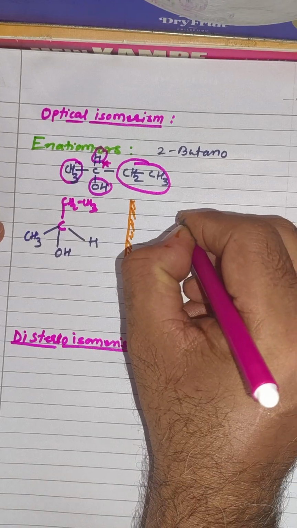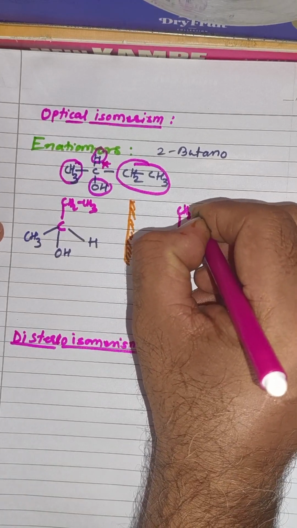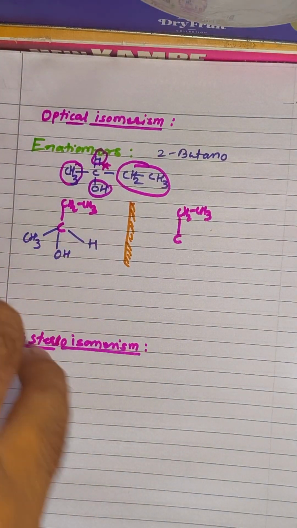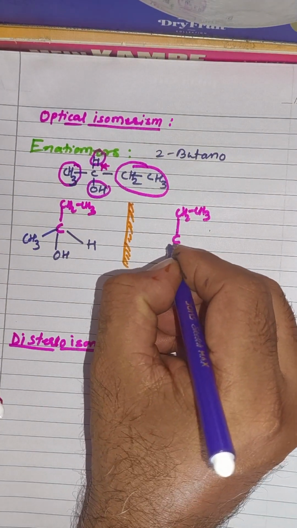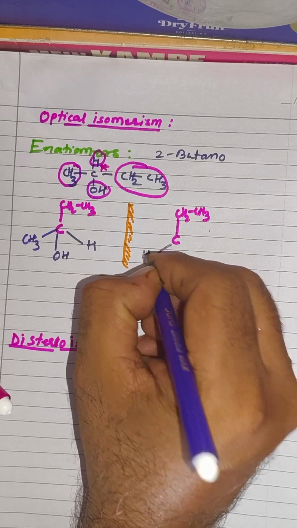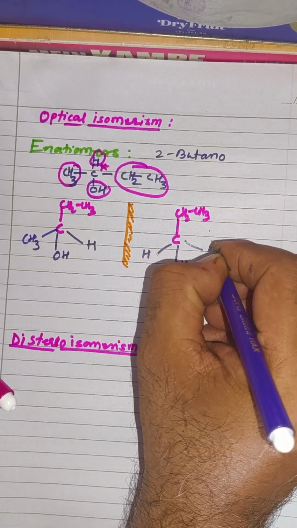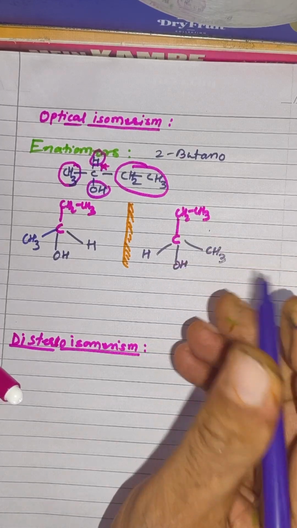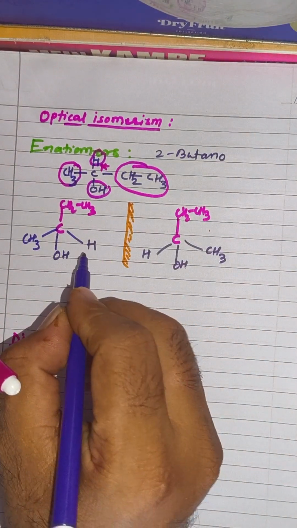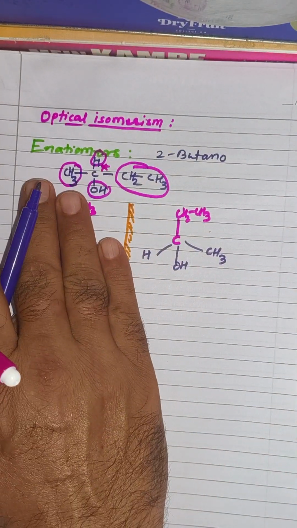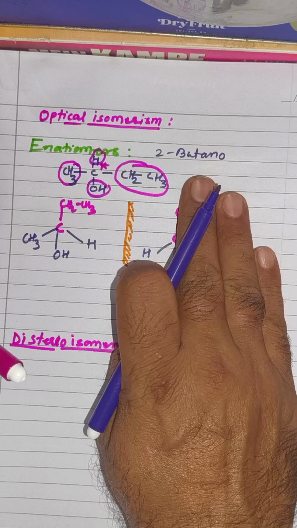So this is as it is. Now this hydrogen comes here, then the OH group is as it is here. So these are the two mirror images, and these two mirror images are not superimposable.